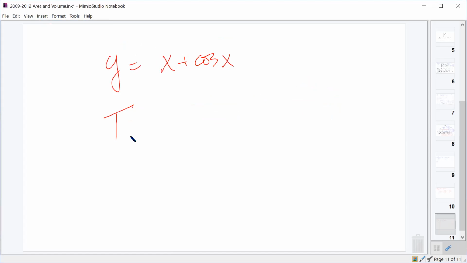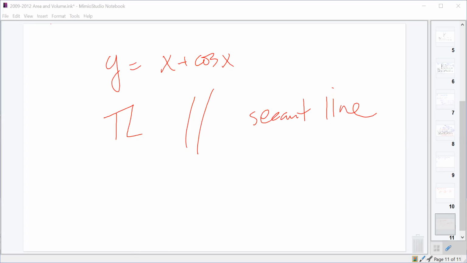So when is the tangent line parallel to the secant line? In order to figure that out, the best thing we want to do is graph this on the interval from -5 to 5.